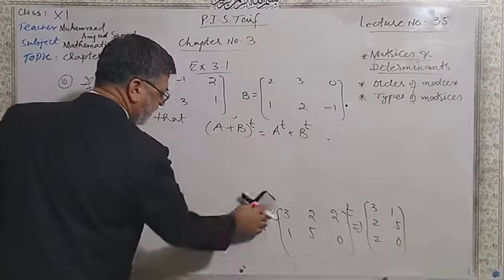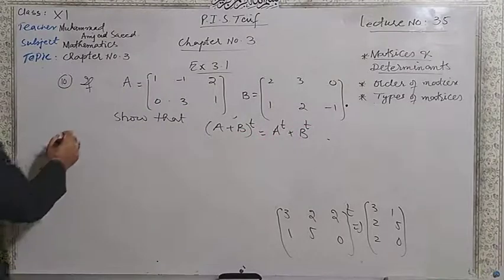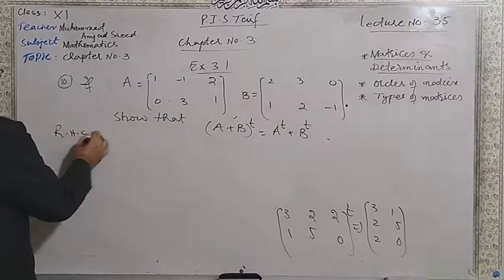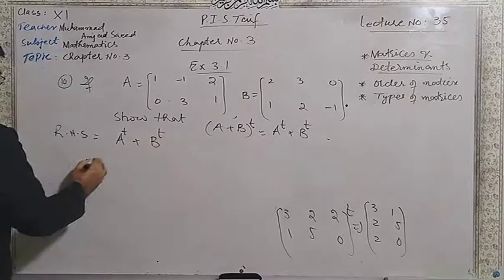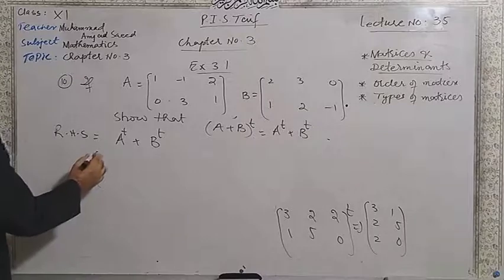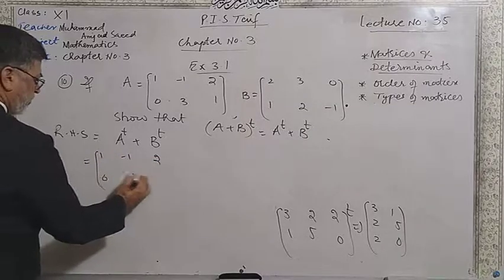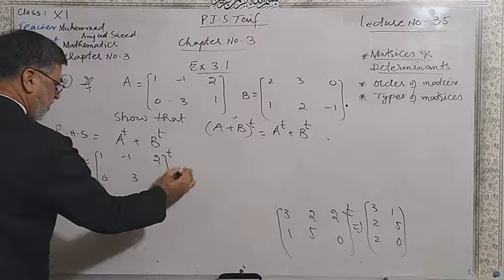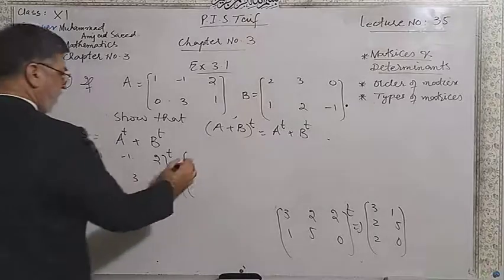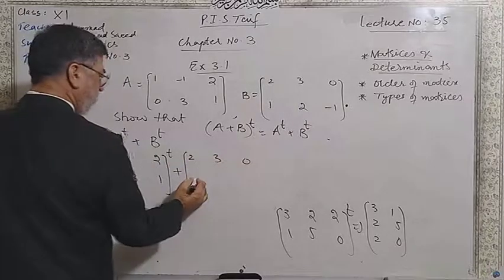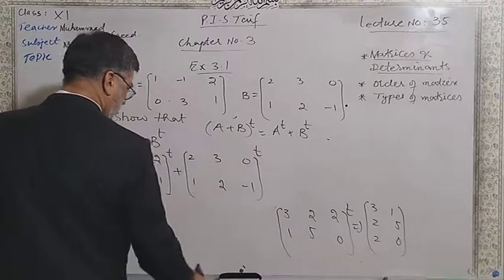In case of right hand side, you will take transpose first and then you add them. Right hand side, A transpose plus B transpose. You can write down 1 minus 1, 2, 0, 3, 1 transpose plus, what about B? 2, 3, 0, 1, 2, and minus 1, that is transpose.